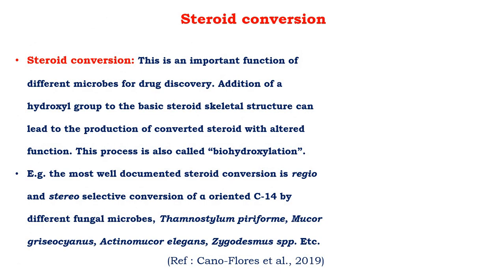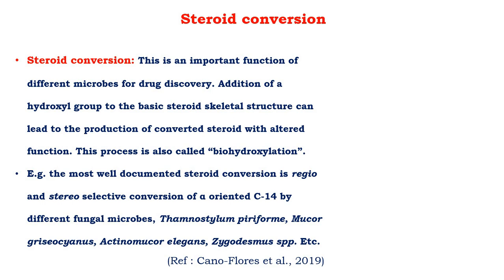Steroid conversion. This is a very important application in industrial microbial technology, where microbes are capable of producing certain enzymes which can convert an existing steroid, and this phenomenon is called steroid conversion. Microbes do this very easily on an industrial scale, and this is an important function of different microbes for drug discovery.